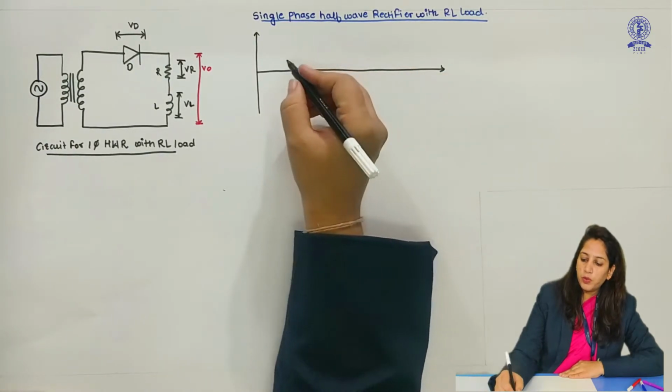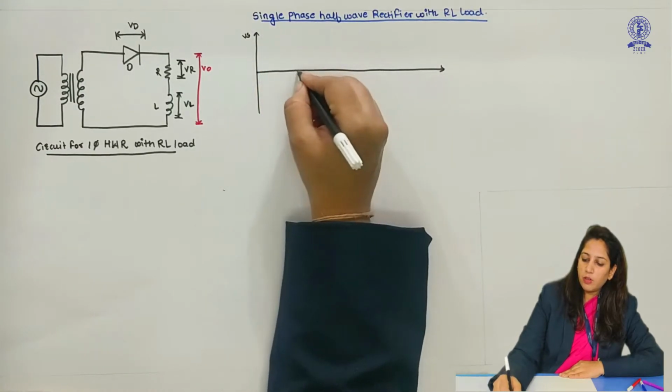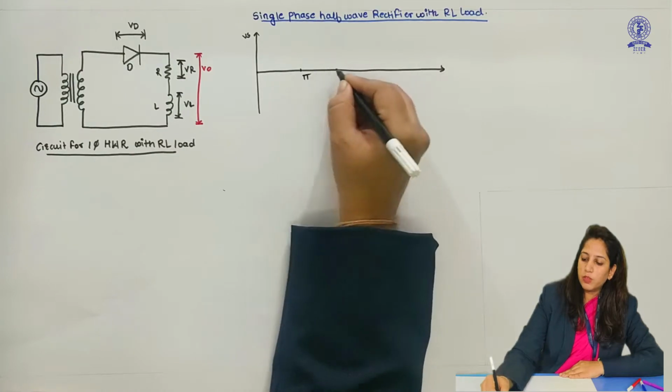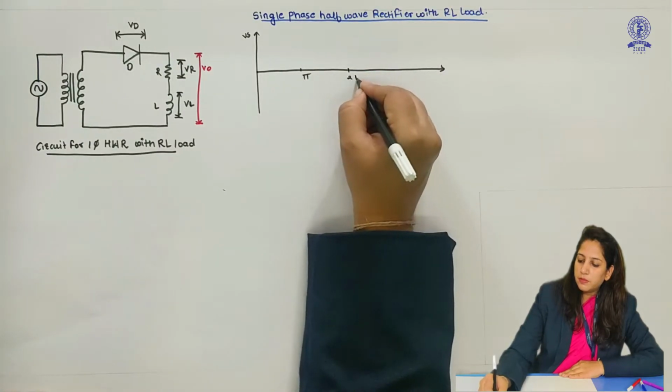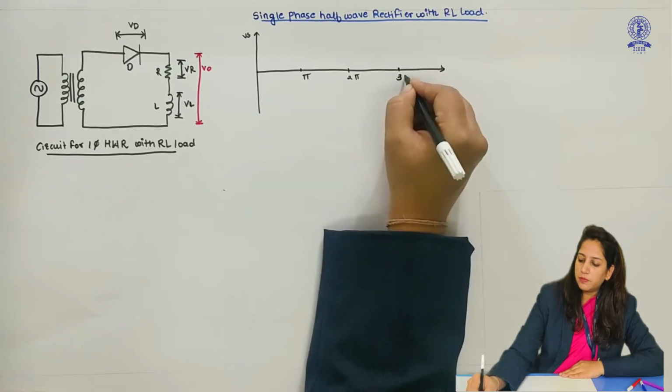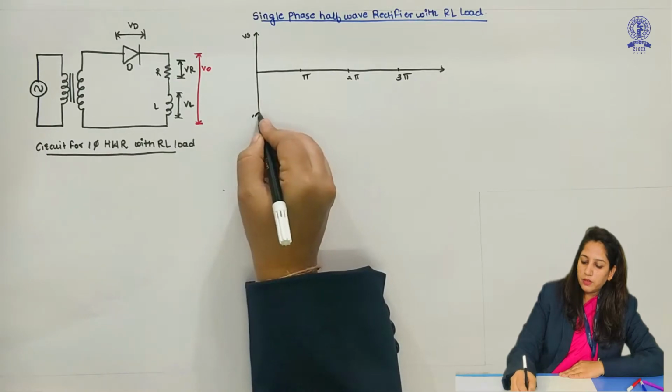the diagram for the output wave. First of all, here I will draw an input wave, with a difference of pi radians. Then I will also take an output wave here.